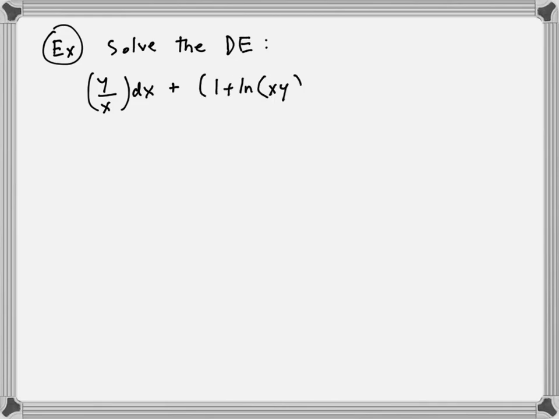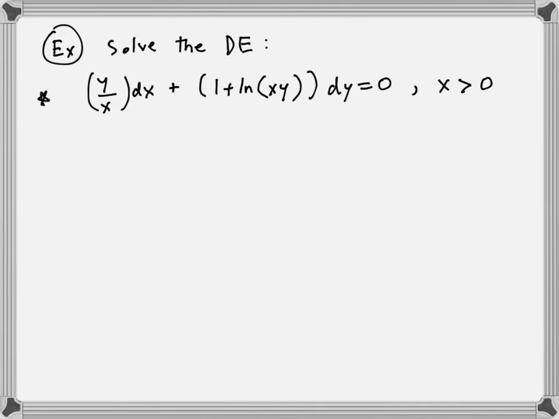So I want us to solve the differential equation y over x dx plus 1 plus ln of xy dy is equal to 0, and x is a positive variable.